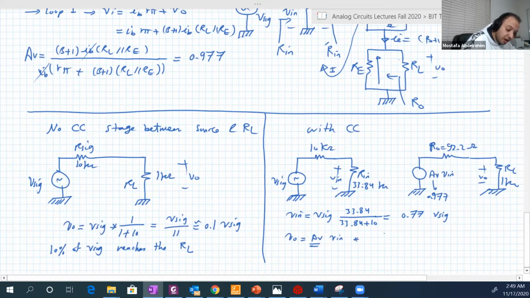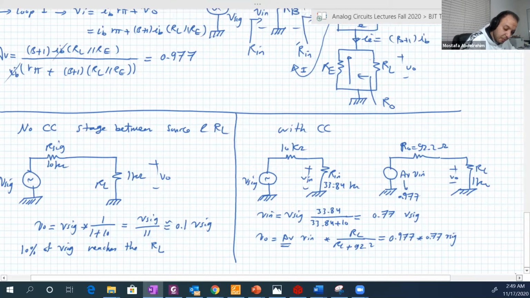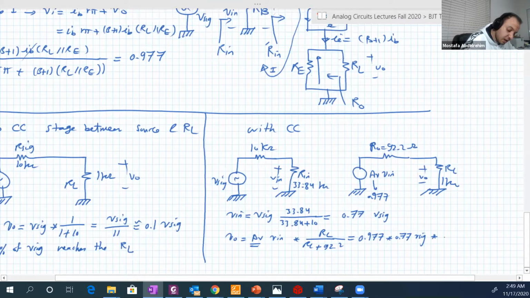Multiplied by our load over our load plus 92.2. So AV is 0.977, V input is 0.77 V signal, and our load is 1 kilo ohm or 1000 over 1000 plus 92.2 ohms.